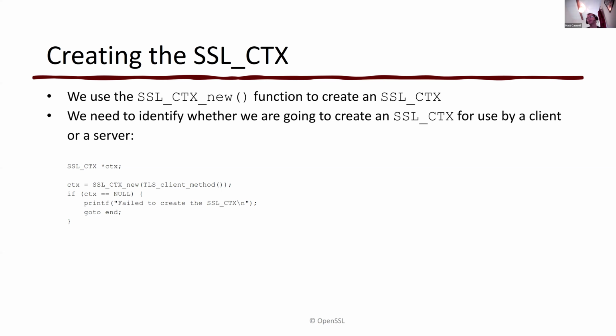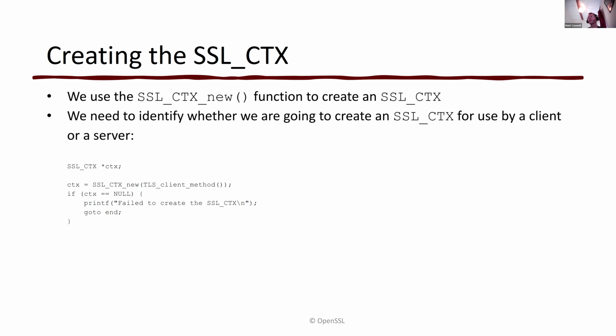Is it for TLS or some other protocol? There are a few options available here, but for the purposes of this webinar, we're talking about a TLS client. So here's the code at the bottom of the screen. We call SSL_CTX_new, pass in the TLS client method, and it returns our SSL_CTX object.